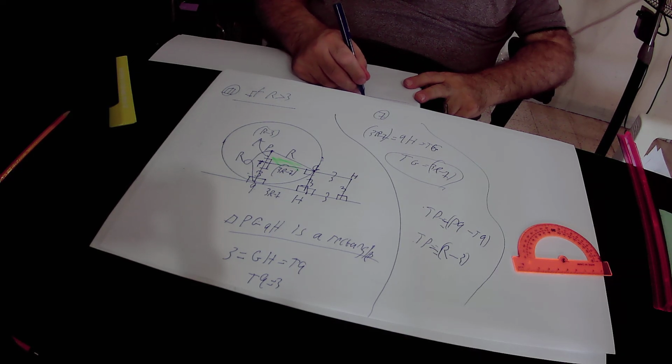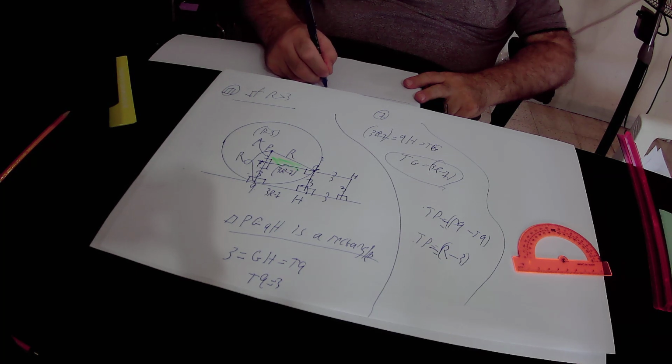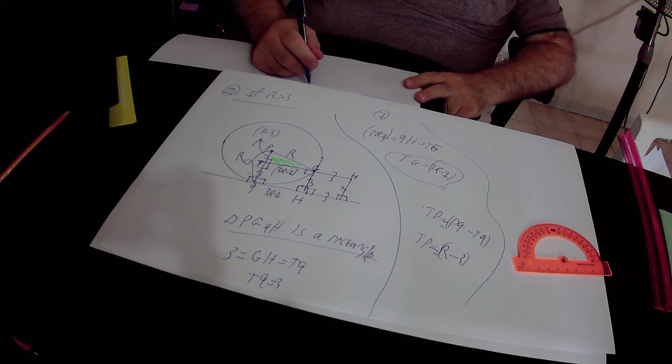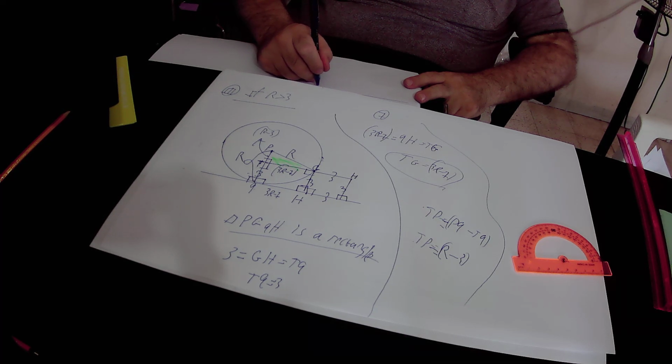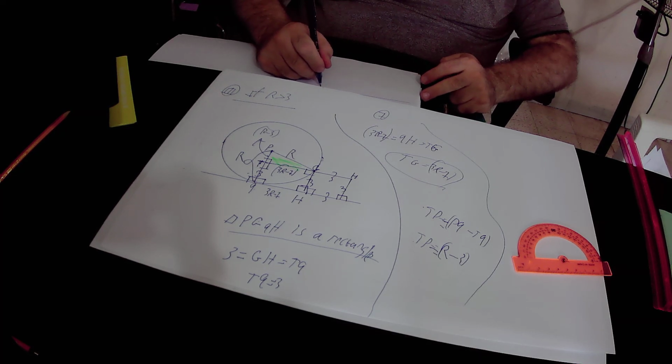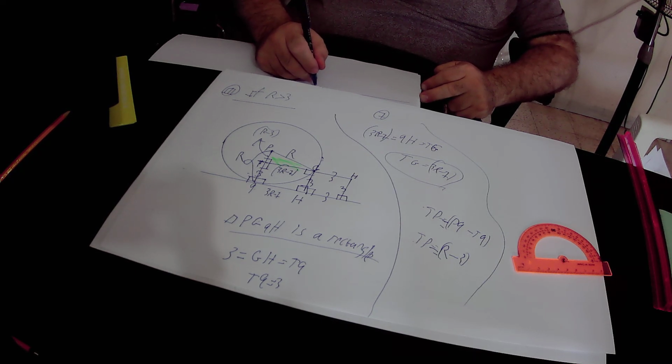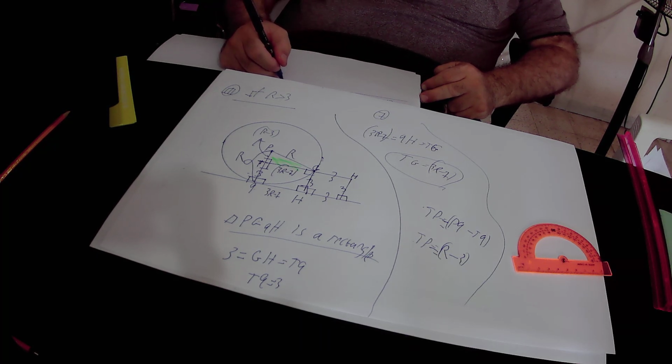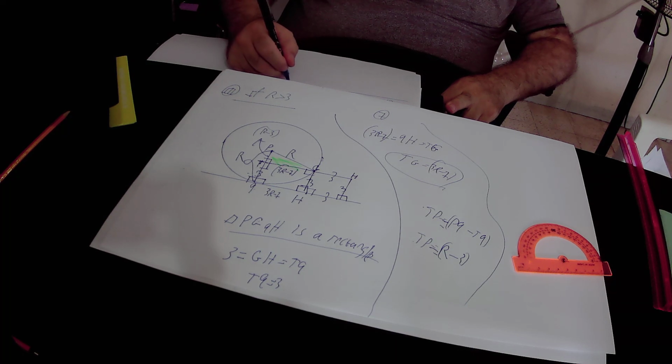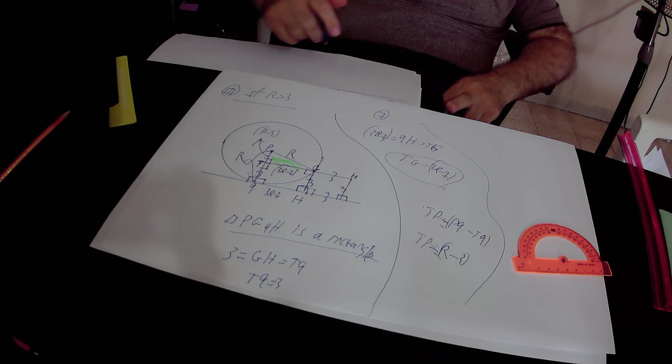R minus 3 square is R square plus 3 square, that is 9, minus 2 times R times 3, which is minus 6R, plus 3R minus 7 square. 3R minus 7 square is 9R square plus 7 square, that is 49, minus 2 times 3 is 6, and 6 times 7 is 42. So in conclusion, it is minus 42R.